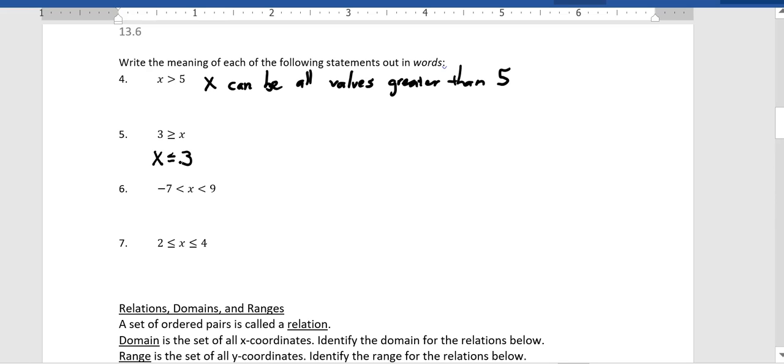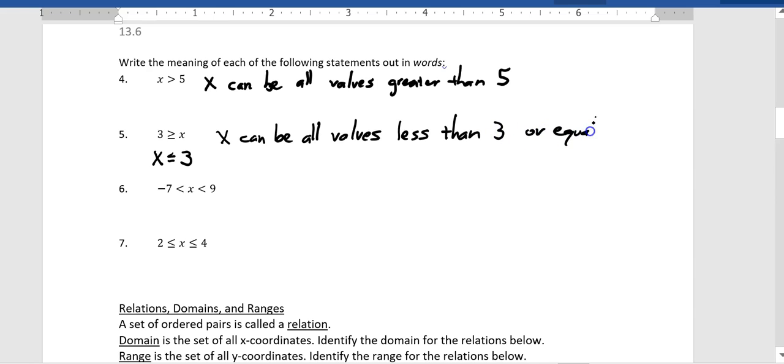So in this situation, because we have the equal to, x can be all values less than 3 or equal to 3. That'll include negatives as well when we say less than 3.